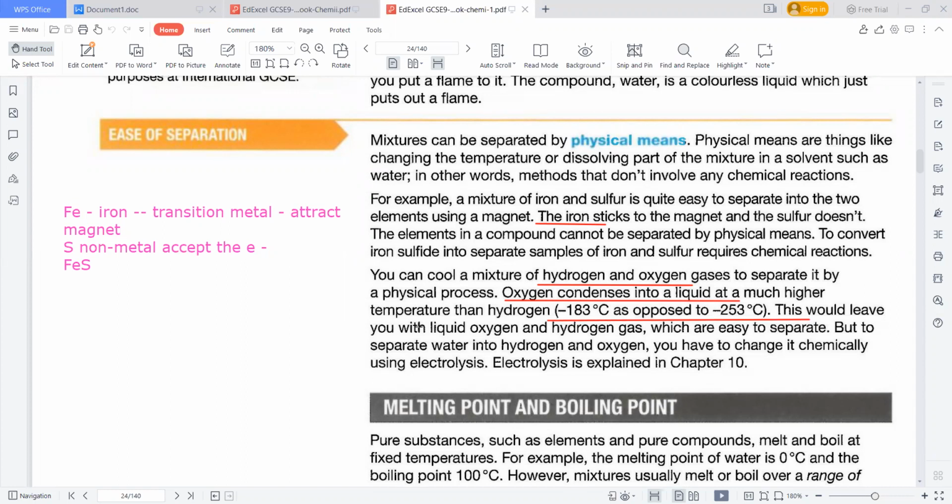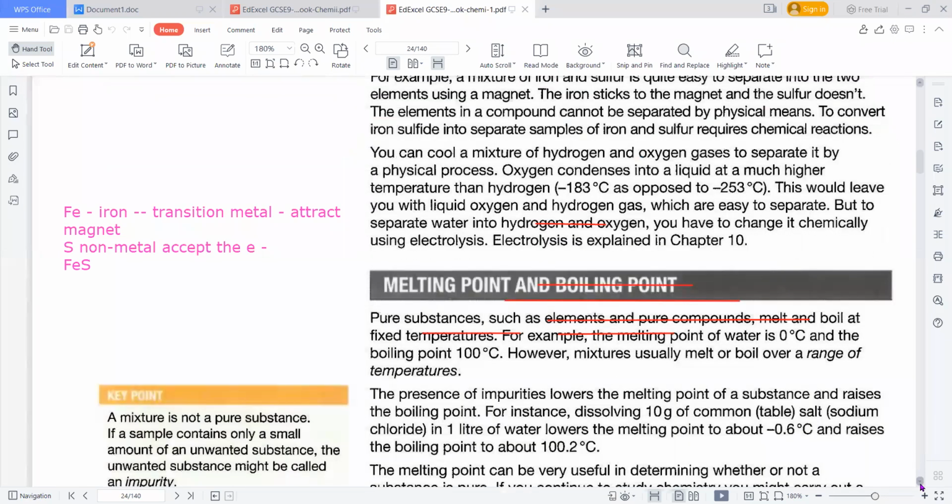This will leave you with liquid oxygen, while hydrogen stays as gas and leaves the mixture. In this way, we can separate them.